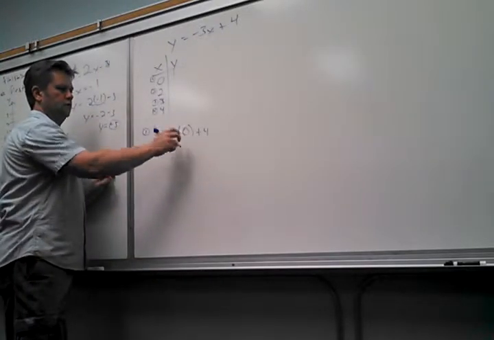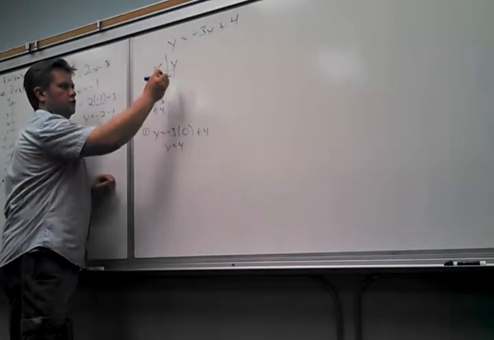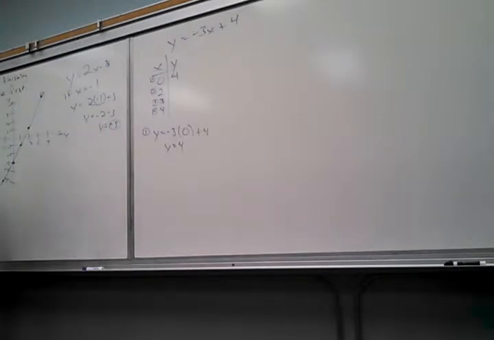And then negative 3 times 0, 0 plus 4. So you get the first point should be 0, 4. So you guys finish that out real quick.